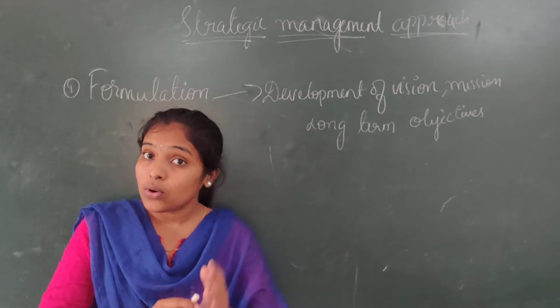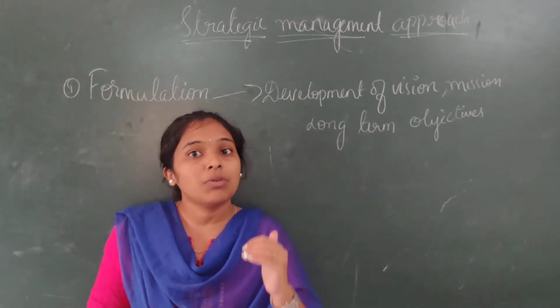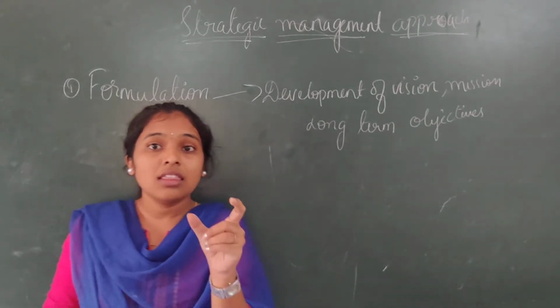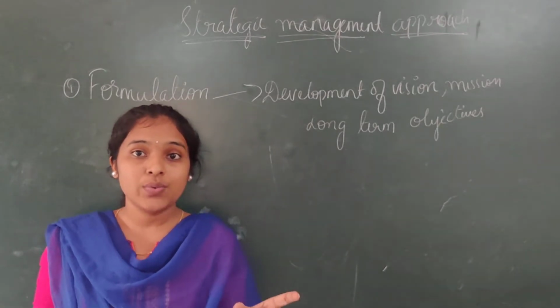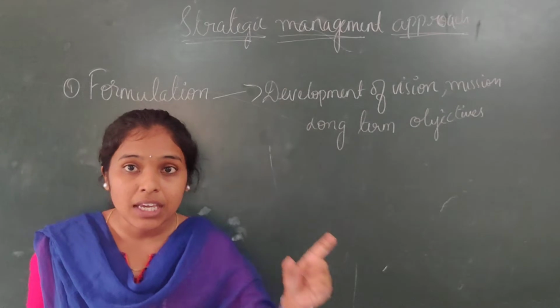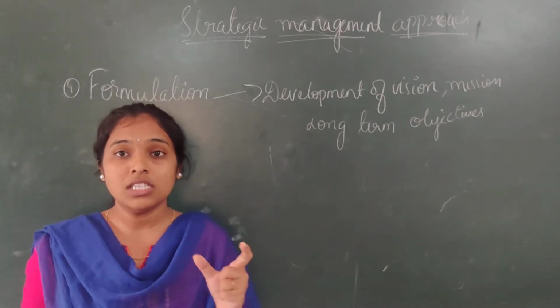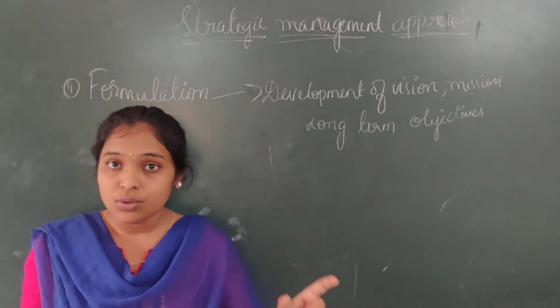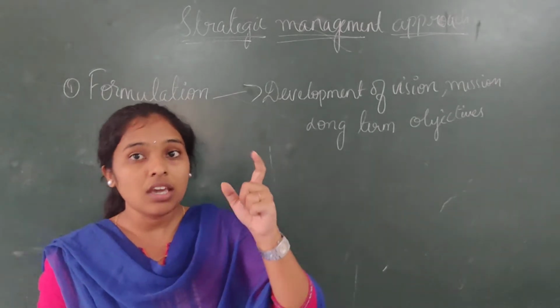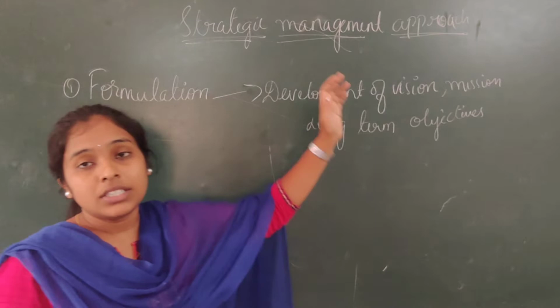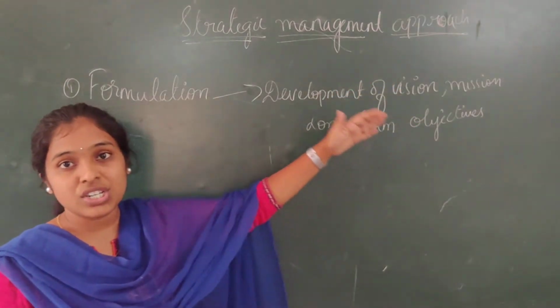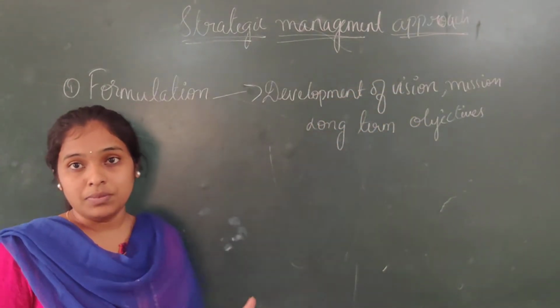And also not only thinking about the strategies, but also we have to think where we have to use this strategy, in which situation this strategy is applicable, and in which situation this strategy is going to be suitable. So we have to think about this also. So strategies are being applied in vision and mission and also long-term objectives.